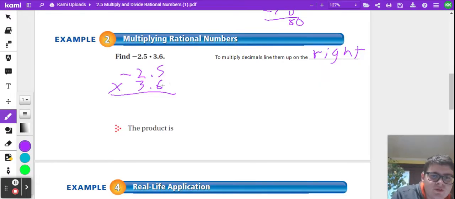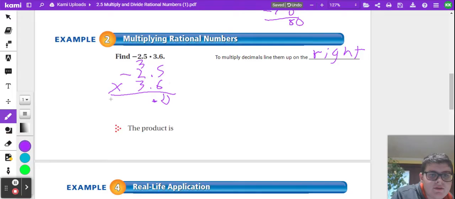So first 0.6 times 0.5, that's 30. So we've got a 0 here, we've got a 3 up here. And then 0.6 times 2 is 12.